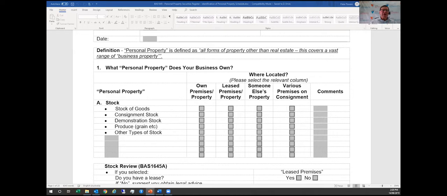And then we're asking, where was it located last night? If it was on the client's own premises that they own, there's virtually no problem. But if it's in leased premises or someone else's property or it's on consignment, they are the three risk areas. So you need to be able to identify where the stock was.